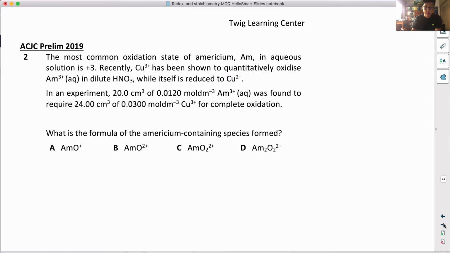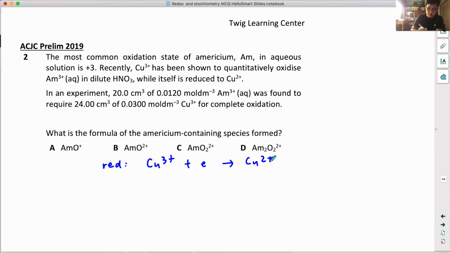The most common oxidation state of americium in aqueous solution is +3. Copper 3+ has been shown to oxidize it in dilute nitric acid, while itself is reduced to copper 2+. Again, we need to write the half equation and also find the mole ratio. For reduction, copper 3+ is reduced to copper 2+.